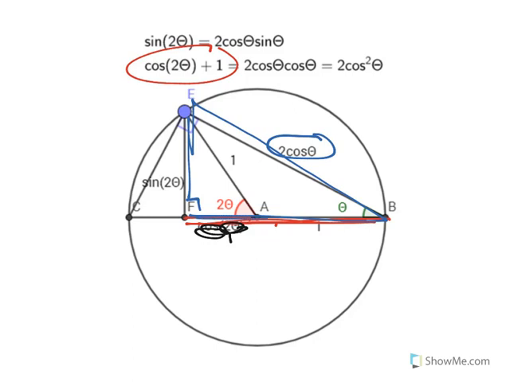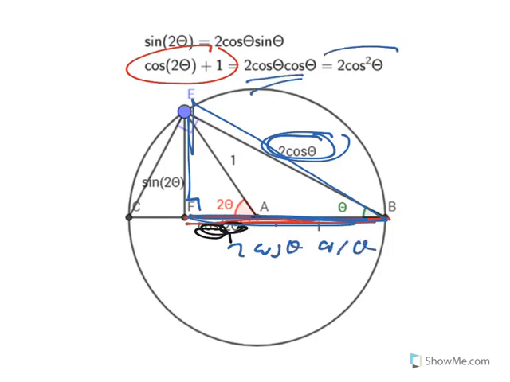But since this red is the adjacent side, it's going to be r times cosine theta, so it's going to be 2 cosine theta times cosine theta, which becomes 2 cosine squared theta, and if I just subtract 1 from both sides, I get the cosine of 2 theta identity.